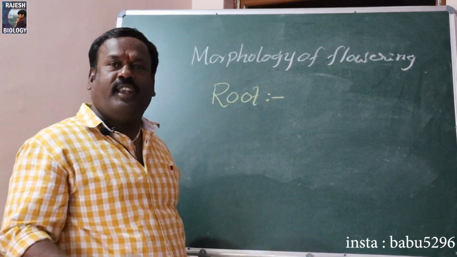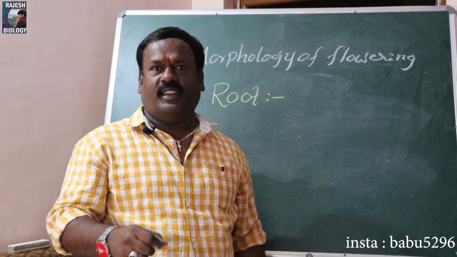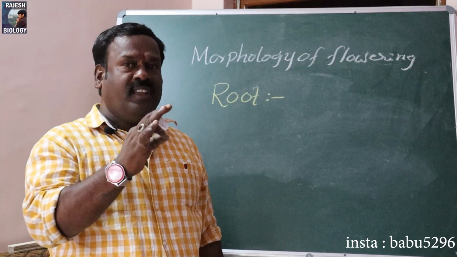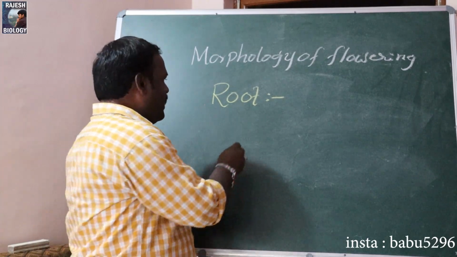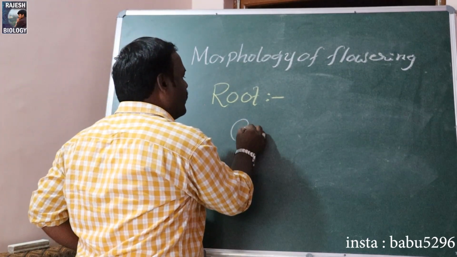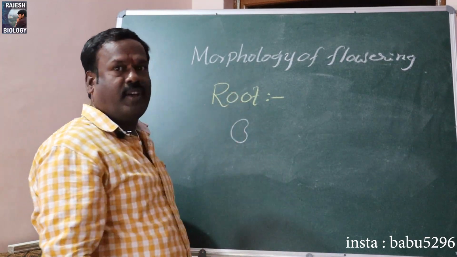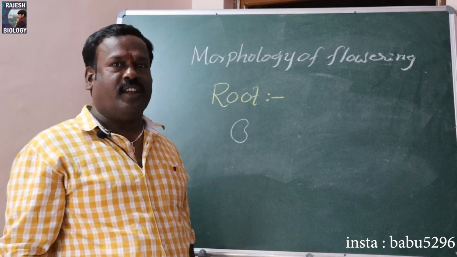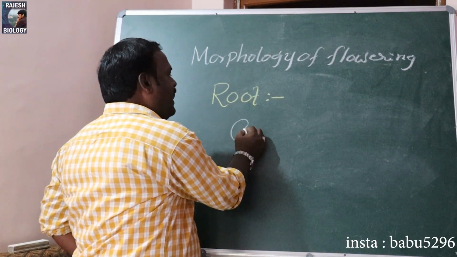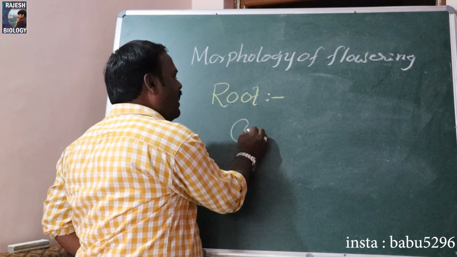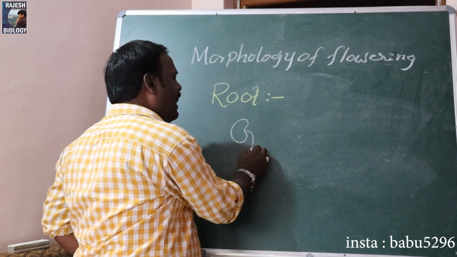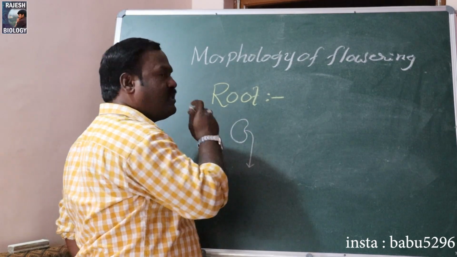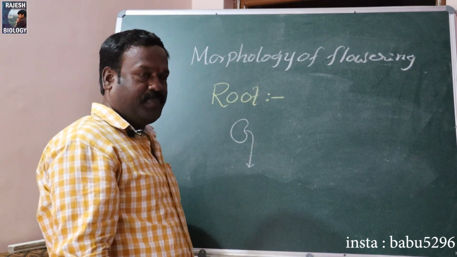See, what is root? First, during seed germination, for example, take any one seed, for example a dicotyledon seed. During seed germination, a small hair-like, thread-like structure comes from the seed.